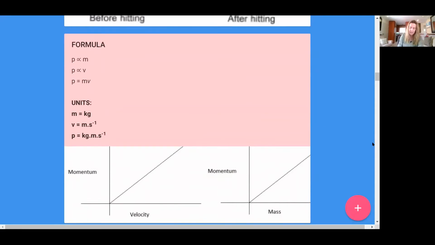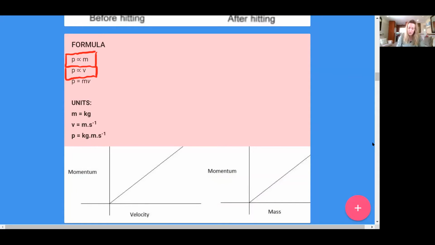Momentum is directly affected by mass. That means if the mass of an object increases, its momentum will increase. If the object moves faster, it will also be more difficult to stop, and therefore its momentum, its amount of motion, will be greater. So momentum is directly proportional to the velocity of an object.